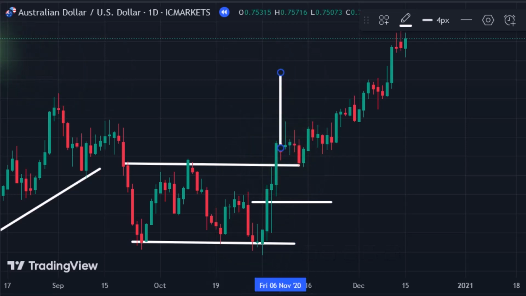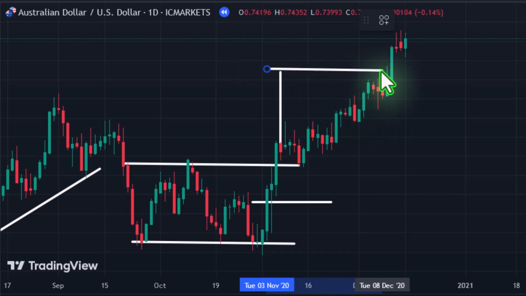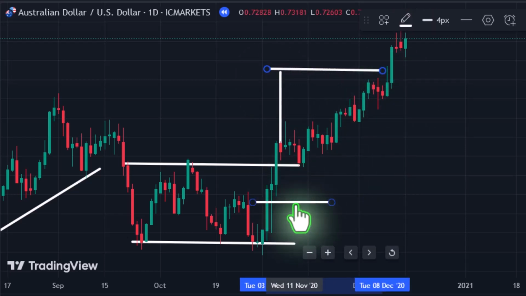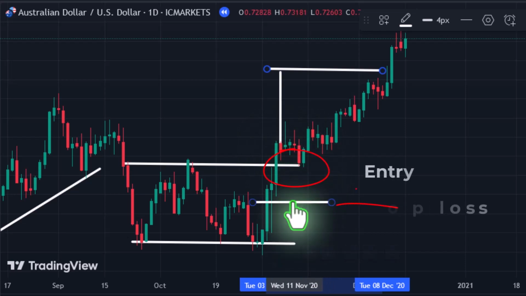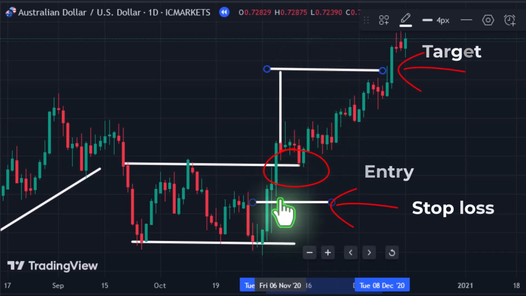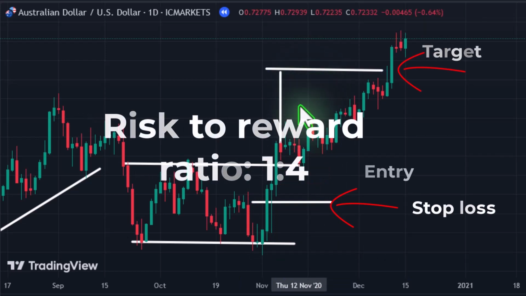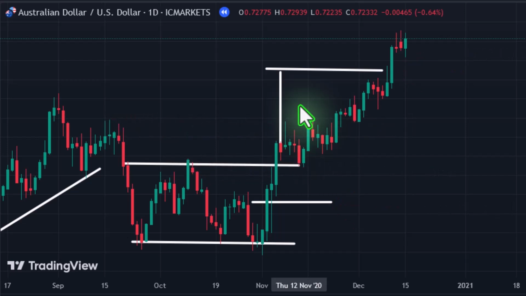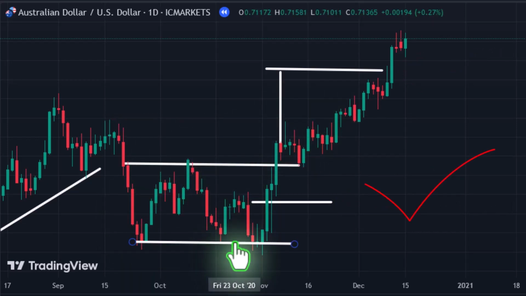So this is where your take profit should be. So if your entry is in this zone, your stop loss is here and your target level is here, this is like 1:4 risk to reward ratio. So this is a very good trade. So this is how you trade a bullish rectangular pattern.